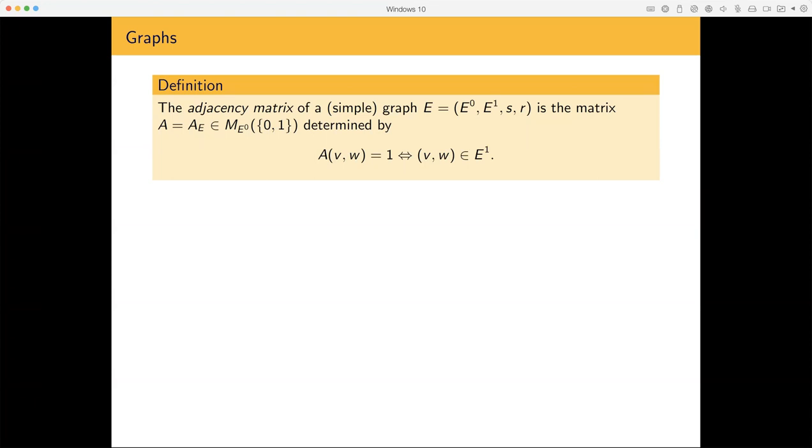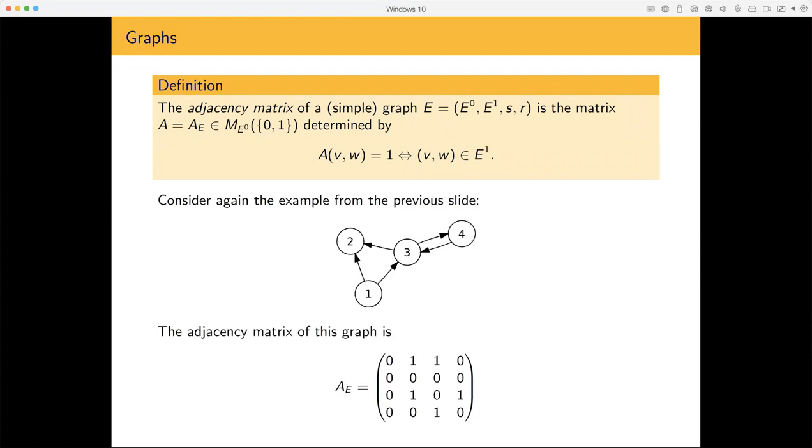One has to agree on the convention regarding source and range, but it doesn't matter too much; whatever convention you choose will work. Okay, and again, this example from the previous slide. If you look at this matrix, you can recover which convention I'm using regarding source and range.